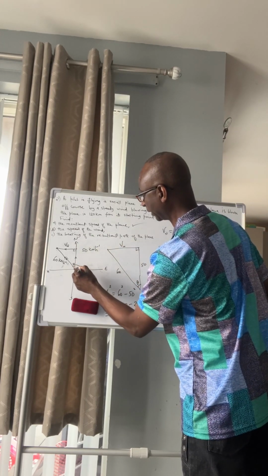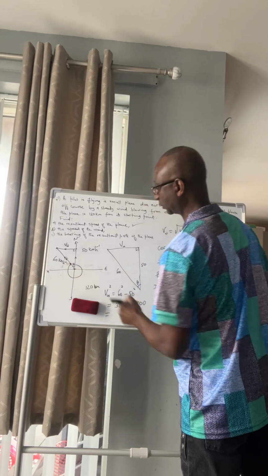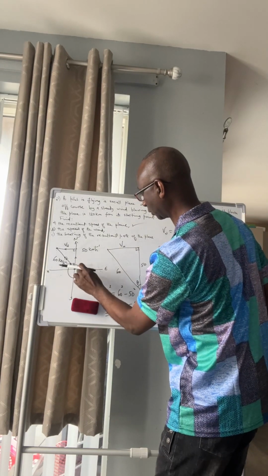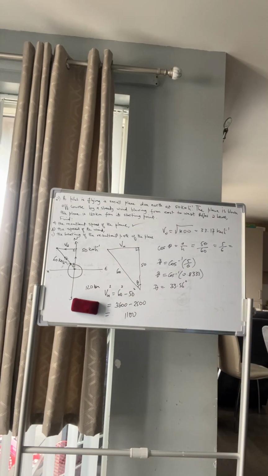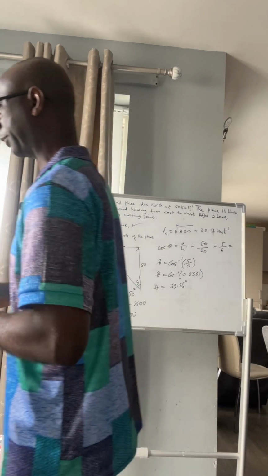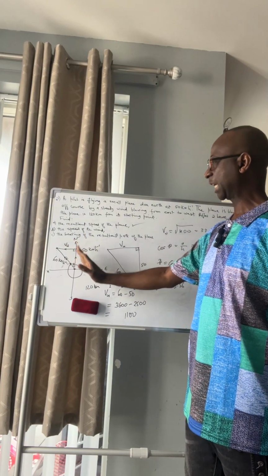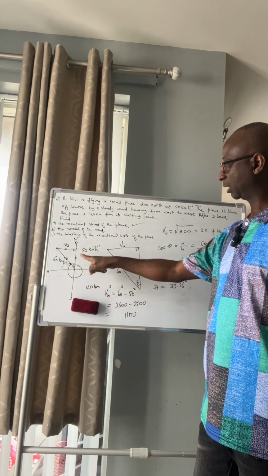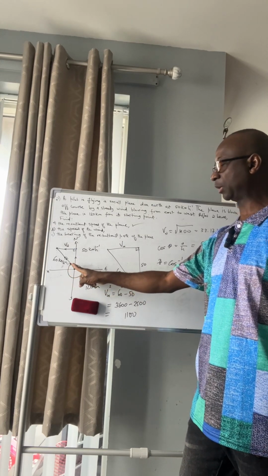It is the angle from here up to this resultant, all this angle from here to here, excluding that theta which you just found. Why? Because in bearing problems, the angle is always measured from the north and is positive clockwise, following the clockwise direction up to where you find the resultant line.